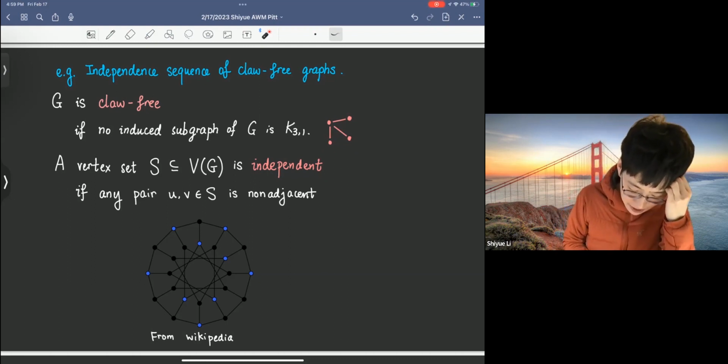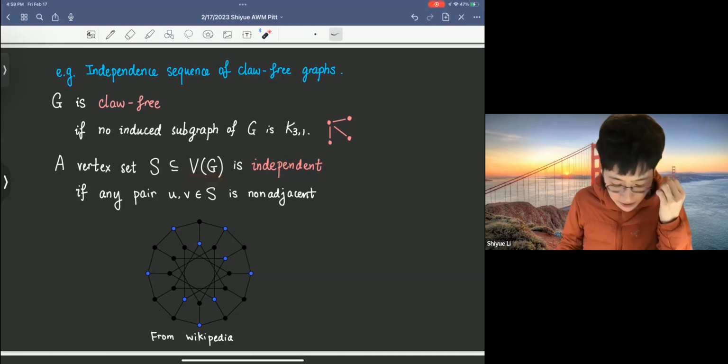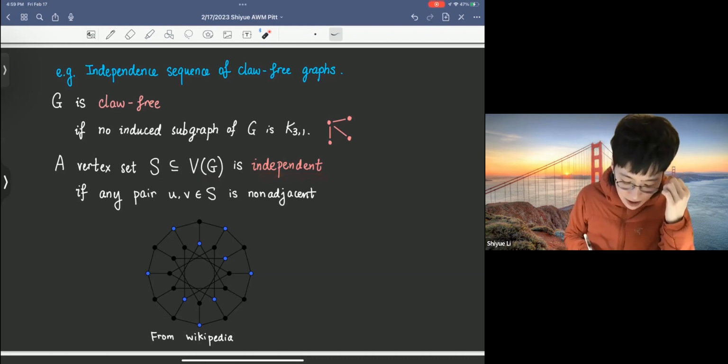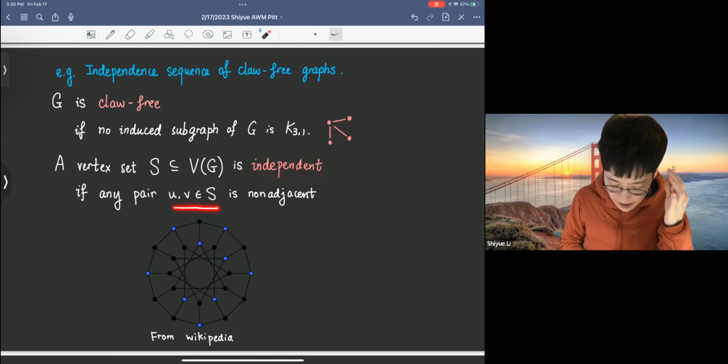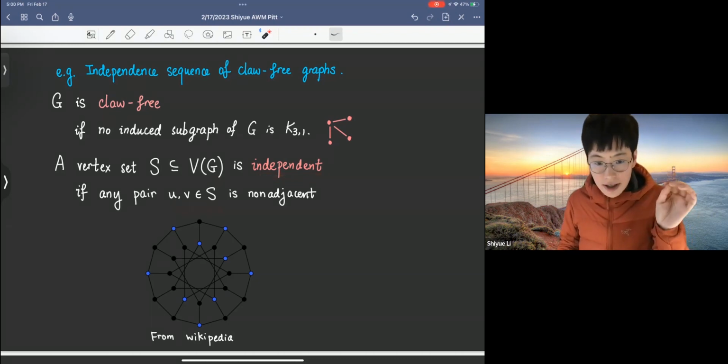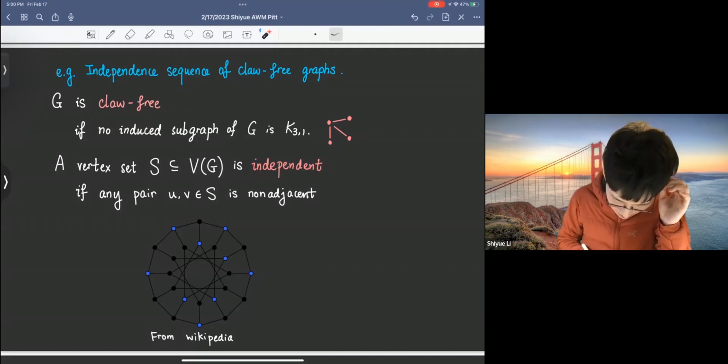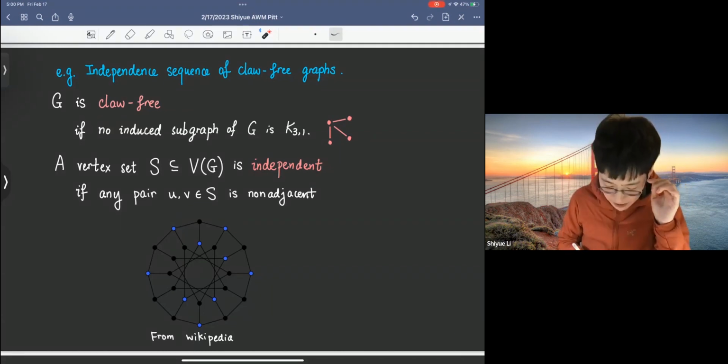The vertex set of G is independent if any pair of vertices is non-adjacent. For example, if I look at this complicated graph and at the set of blue vertices here, none of them are adjacent to each other.